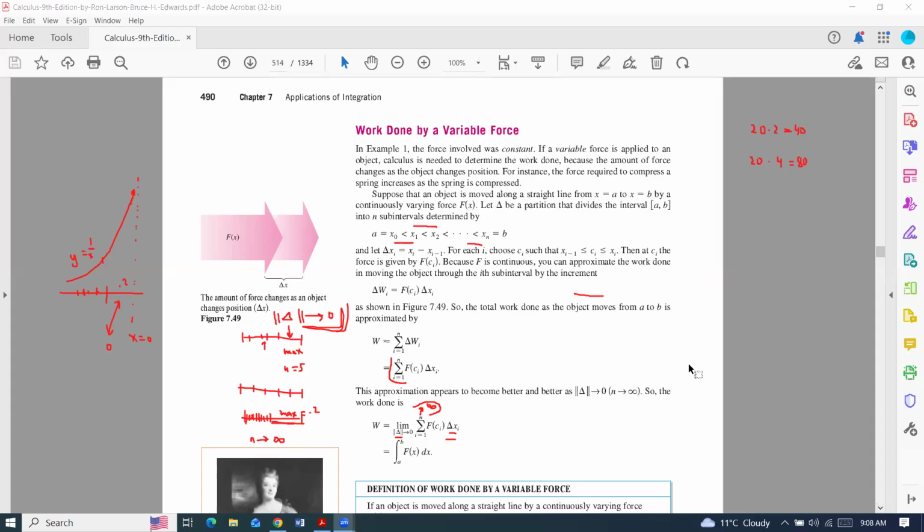So anyways, what they do now is they notice that the product of a force multiplied by the distance, when force is constant, gives you the so-called work function that you need to do by moving something a distance of d.